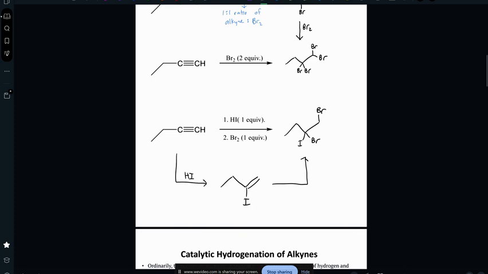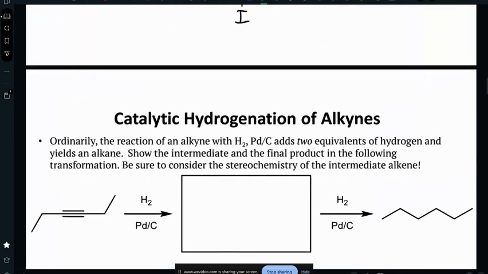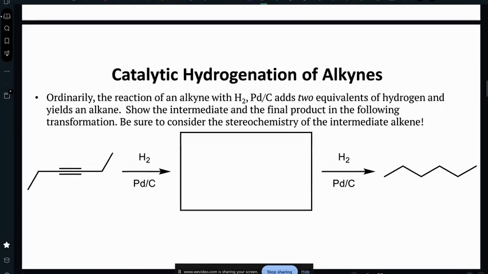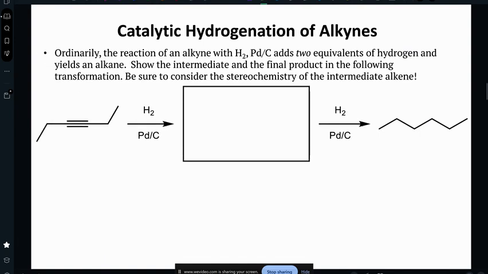What's another reaction we did with alkenes? Well, we did catalytic hydrogenation. We can do the same thing with an alkyne. Remember H2 and palladium on carbon. That palladium is a good catalyst, and that speeds up the reaction, allowing us to add 2 hydrogens.